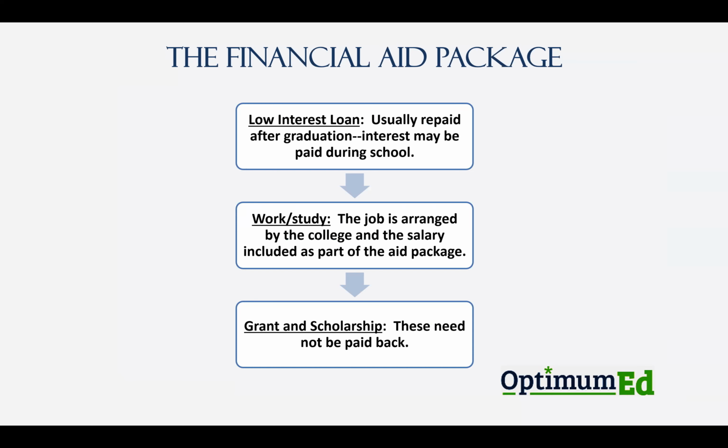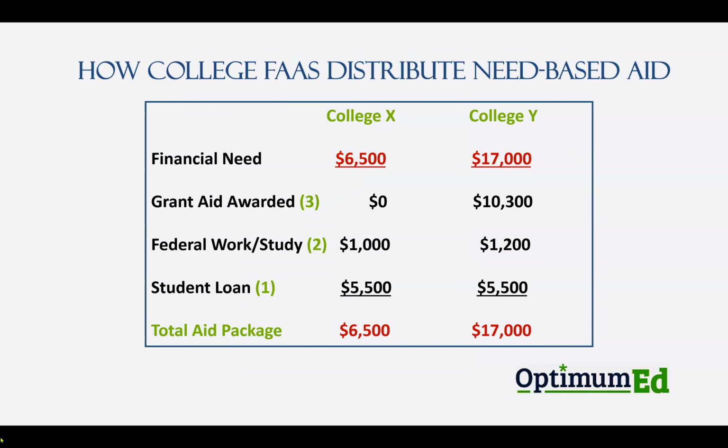You don't have to accept any of it. You can accept part of it. But once you've done that and then submitted it, then you know exactly what kind of help you're going to be getting from the school that you're attending. And again, just to give you an idea visually how things might look, driven by the cost of the school.